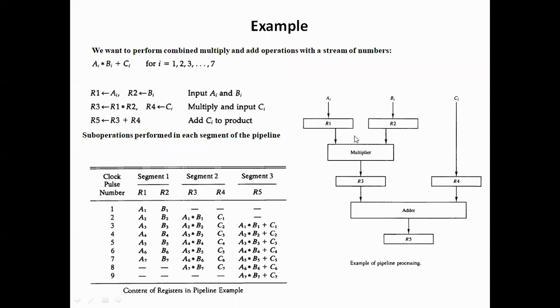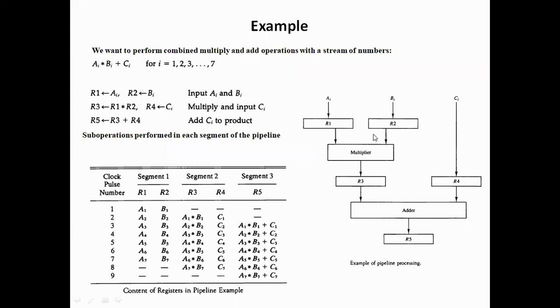Now the first number is being calculated. So at first A1 will come here and B1 will come here, and no other operation will happen. So that is what we are saying. In the first clock pulse, in segment 1, A1 will go to R1, B1 will go to R2, and all others are empty.